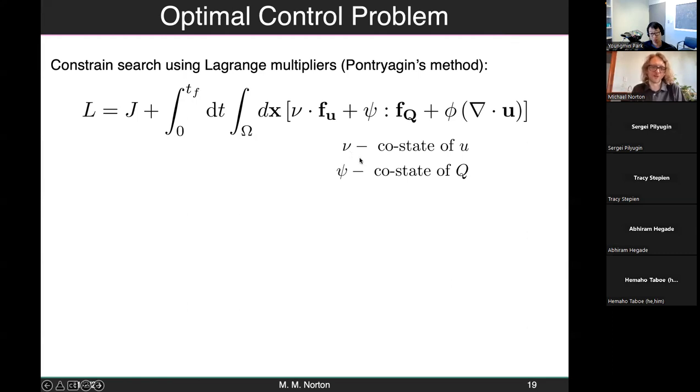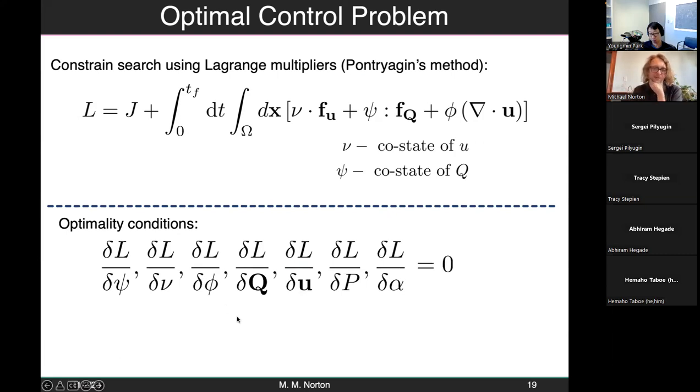Lagrange multipliers are also called the co-state variables or adjoint variables. They go by different names depending on what literature you look at. The important thing about this is that these co-states or Lagrange multipliers are themselves fields that vary in space and time.